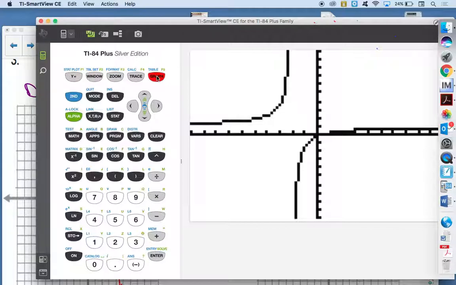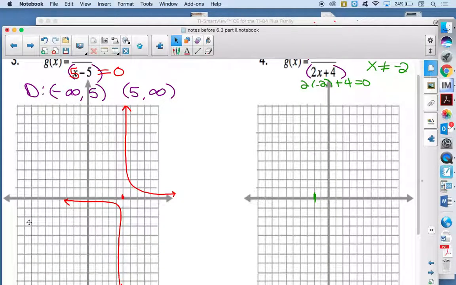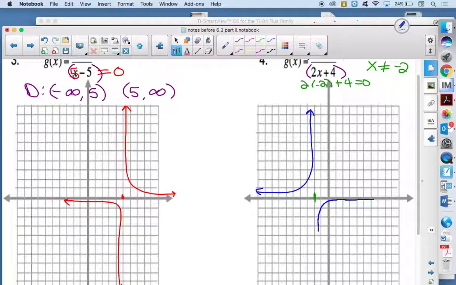So here's the graph that we're looking at. Anyone want to take a shot at the domain? Caitlin, what do you think?